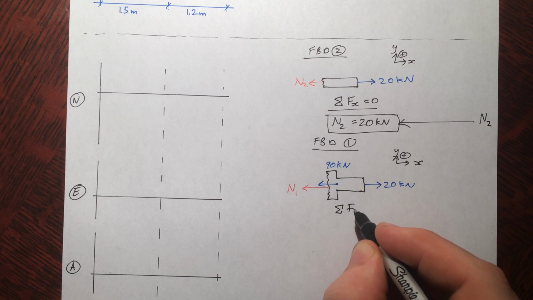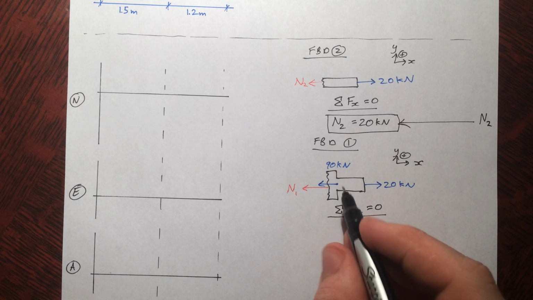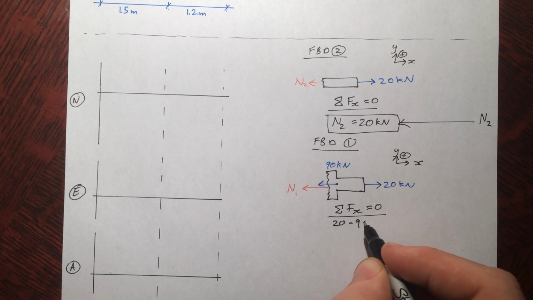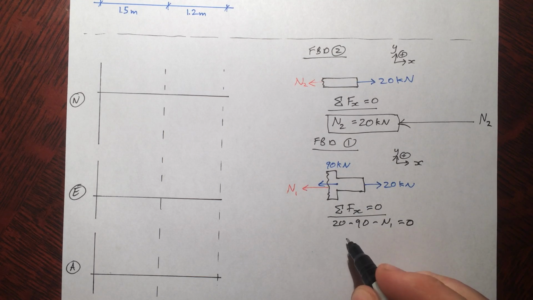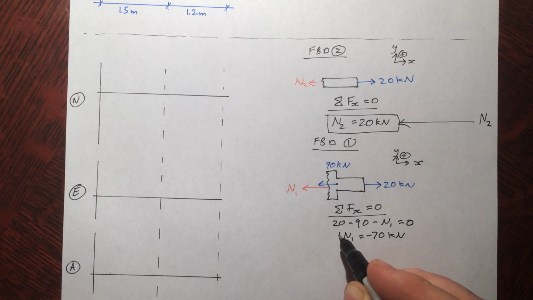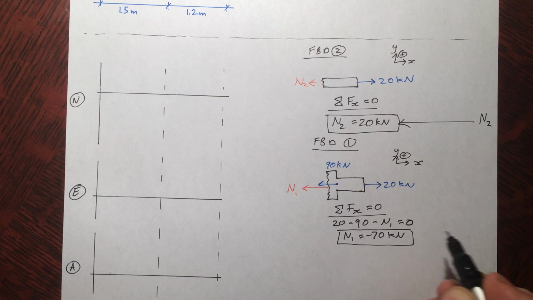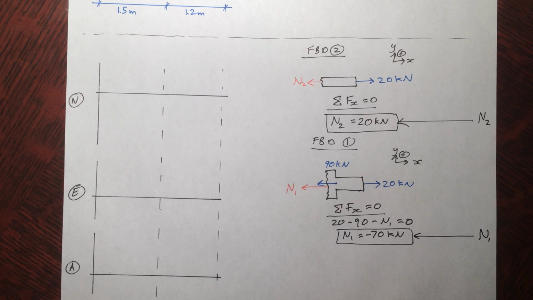So the sum of the forces in the x equals 0 once again. 20 minus 90 minus N1 equals 0, therefore N1 is negative 70 kilonewtons. N1. Alright, let's plot these.